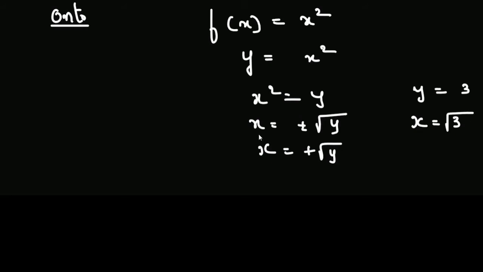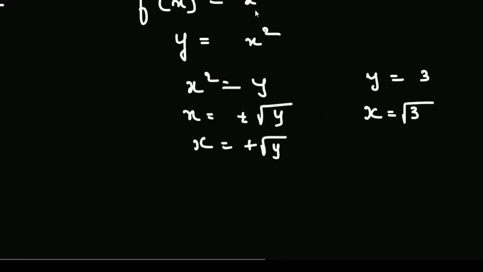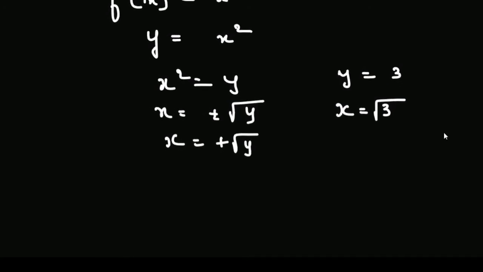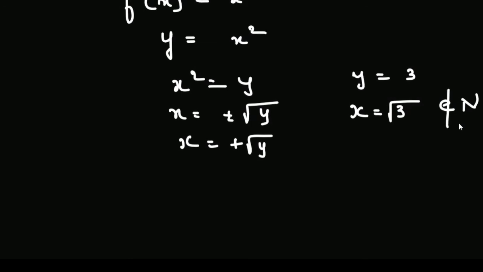Is root 3 a natural number? No. You write the function in terms of x and check if that x belongs to the domain. First check that. One example you give. Y is equal to 3, x is equal to root 3, which is not a natural number.